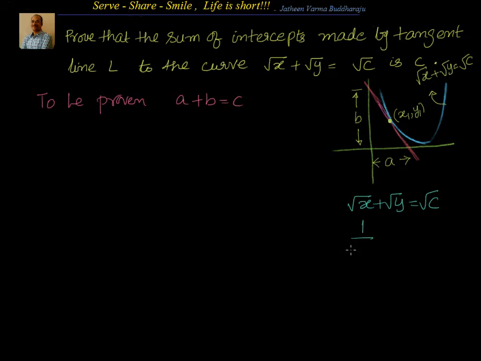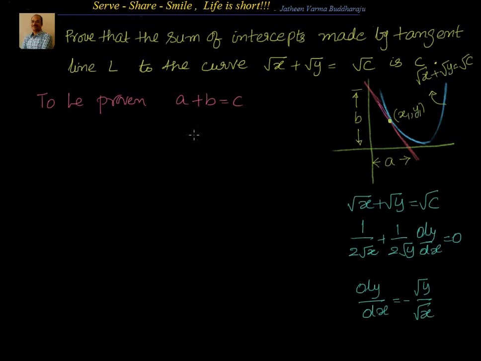If I differentiate, I will have 1 by 2 root x plus 1 by 2 root y dy by dx equal to 0. That gives me dy by dx equal to minus of root y by root x.